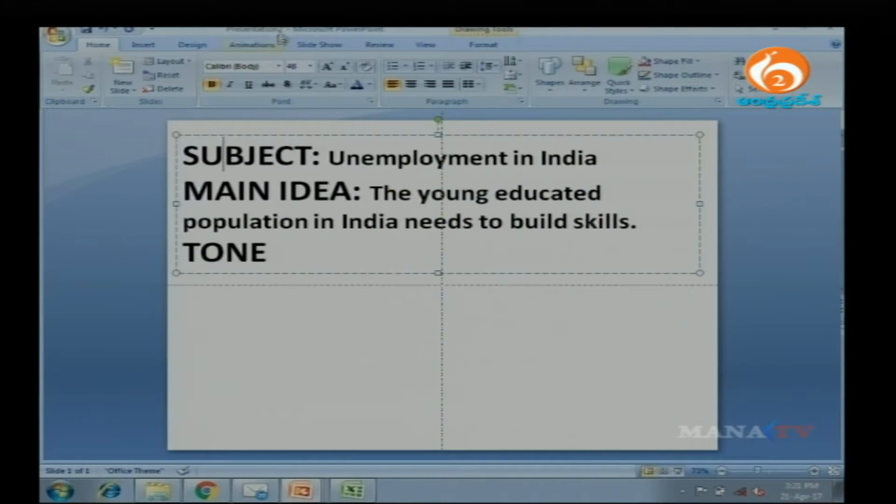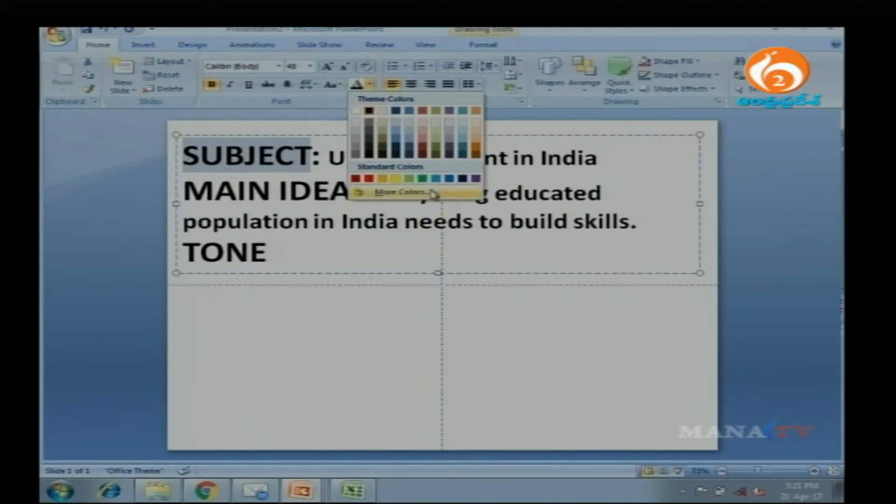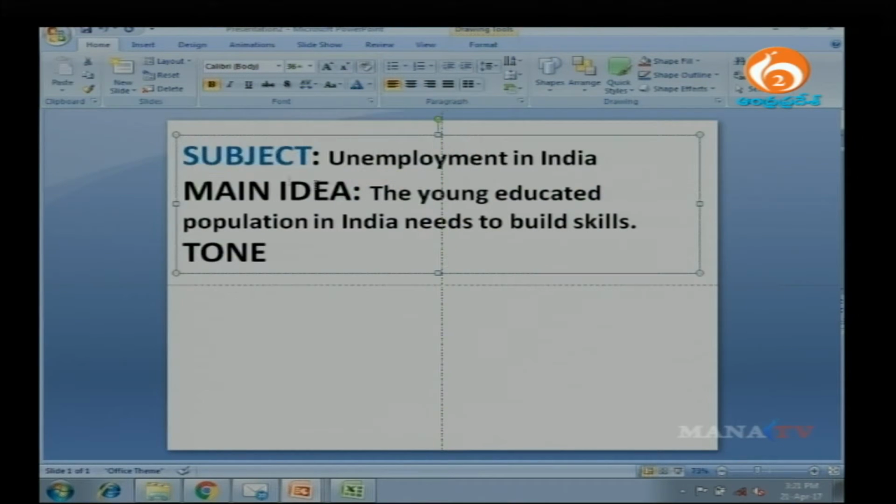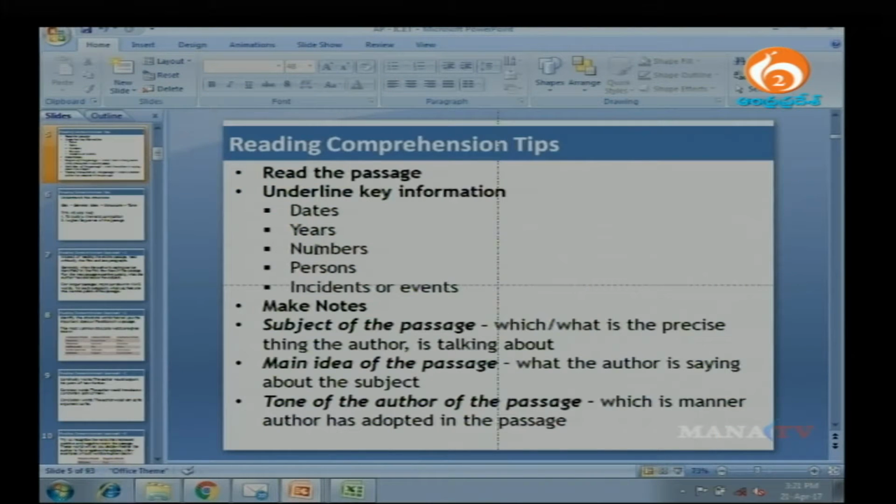So the subject of the particular passage is basically the unemployment problem in India, but the main idea says the young educated population in India needs to build skills. And the tone. What do we mean by tone? The tone says the manner in which the author has adopted the passage.